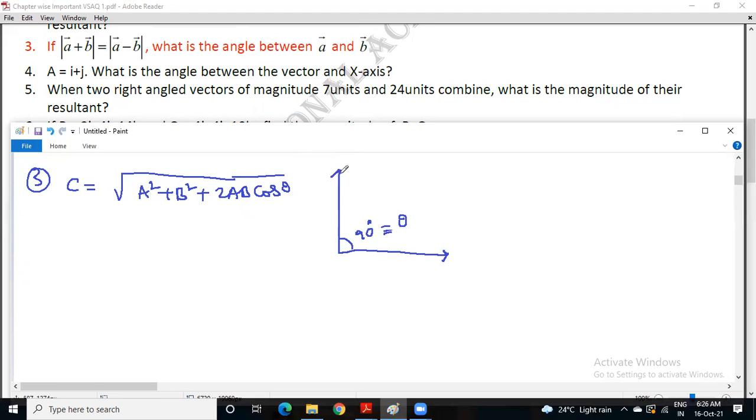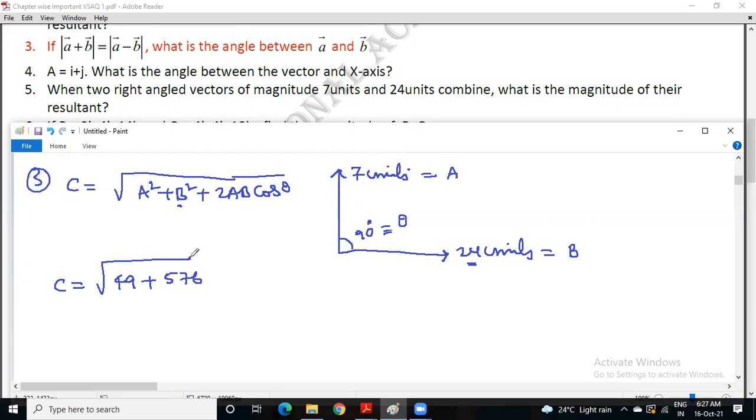So this may be 7 units and this may be 24 units. You have to find the magnitude of the resultant. C is equal to, take the value of A as 7 and the value of B as 24. So 7 square is 49, plus 24 square is 576, plus 2 times 7 times 24, but don't forget theta is 90.